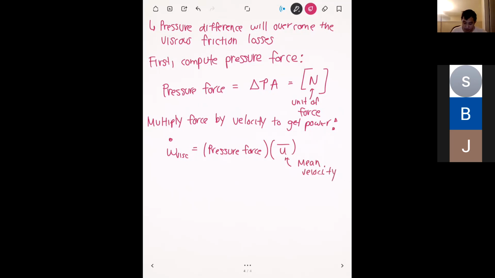If we plug in for the pressure force up here, what we get is W dot visc is equal to delta P times A times U bar. This product of A times U bar is actually going to be our flow rate.